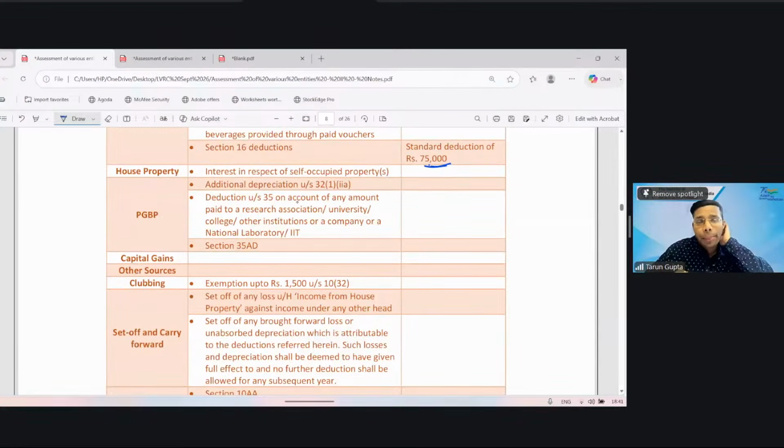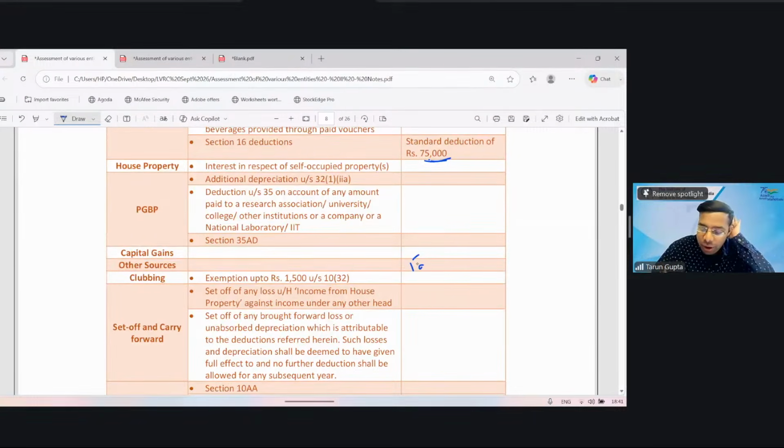Then there is no change in capital gains and other sources, but in other sources, there is an additional deduction allowed on account of family pension. Then for clubbing, if there is clubbing of income of a minor child, then the exemption up to Rs 1,500 allowed in section 10(32) is not there if you opt for the new tax regime.